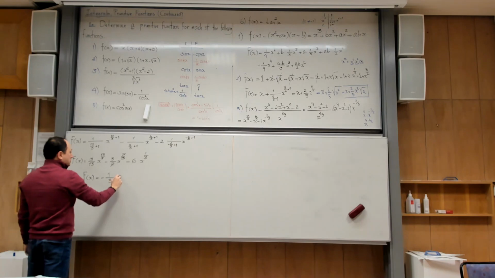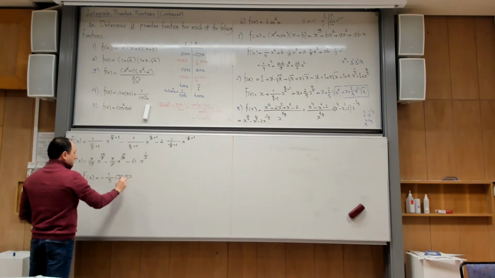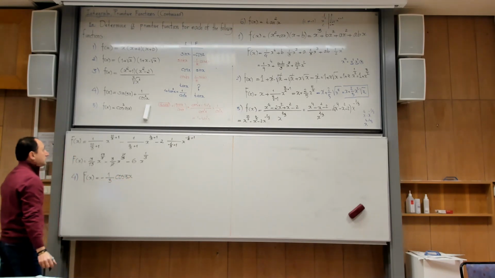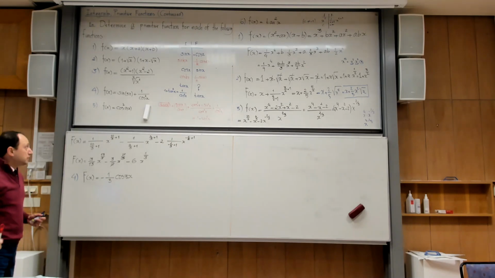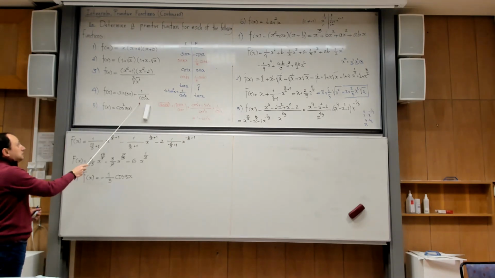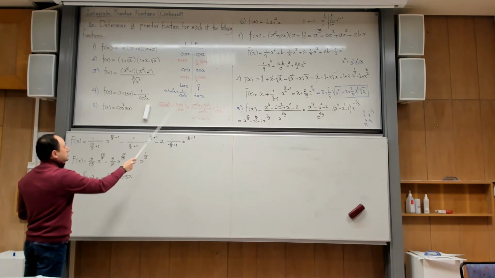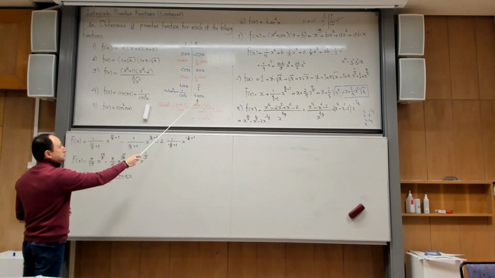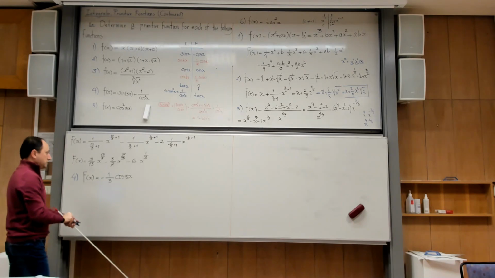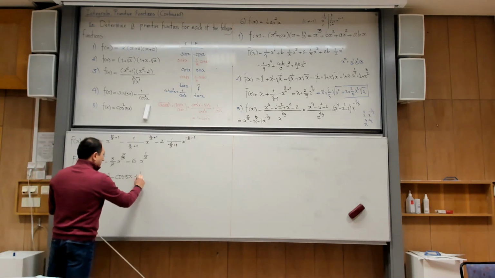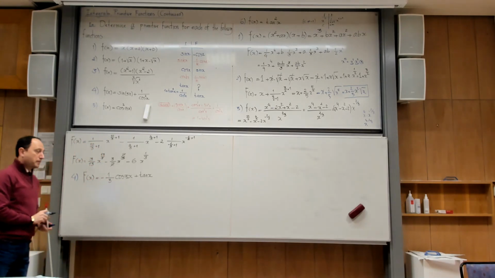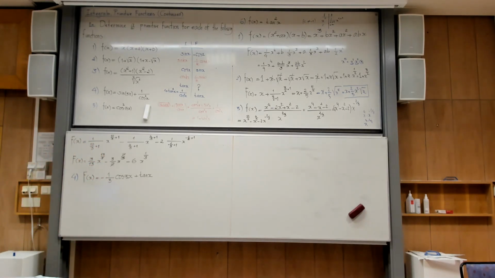So it becomes minus 1 over 3 cosine 3x. That is the first one, as simple as that. And then I reach this one here, and that's exactly what I told you. You see, the answer is tangent. So this combination, the answer is simply tangent. That was actually very simple. That's it. So that is the answer to this problem.